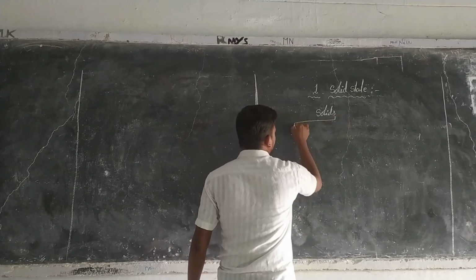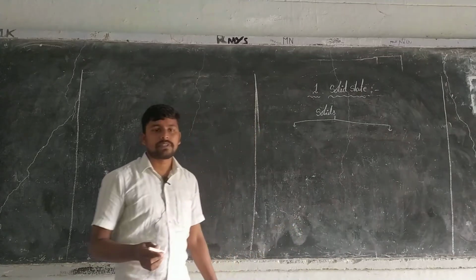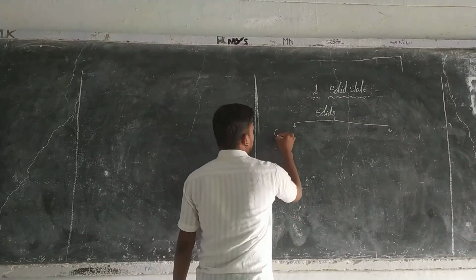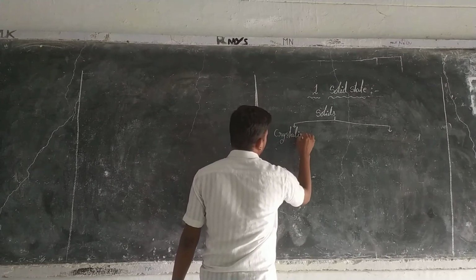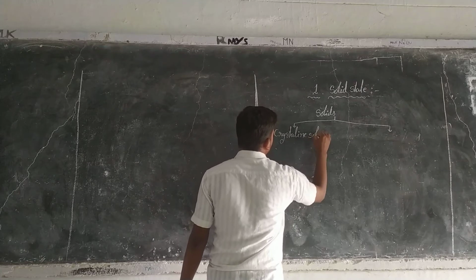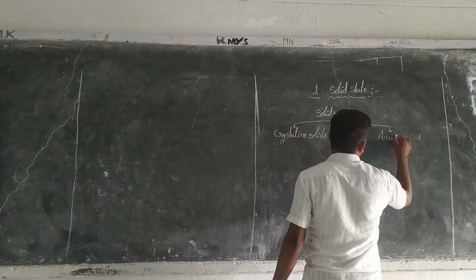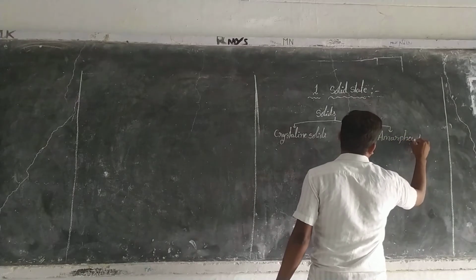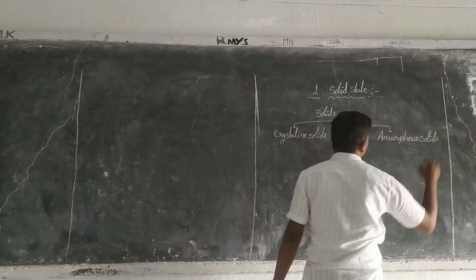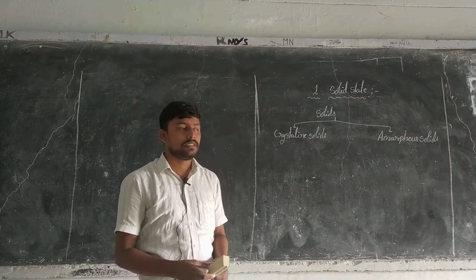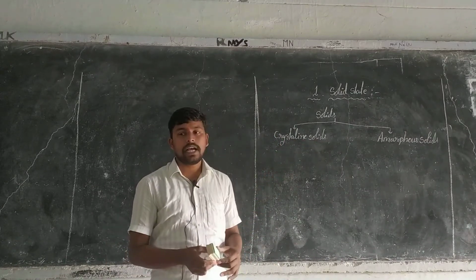That is, one is the crystalline solids, second one is the amorphous solids.